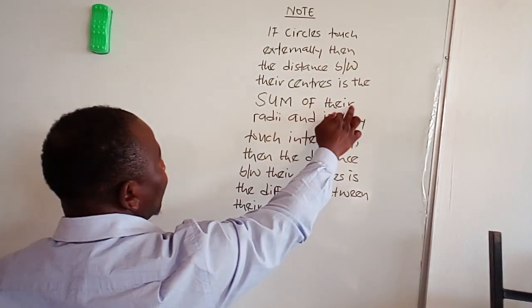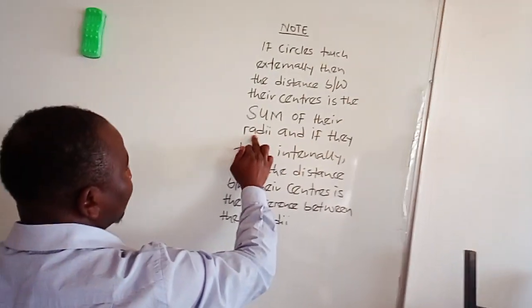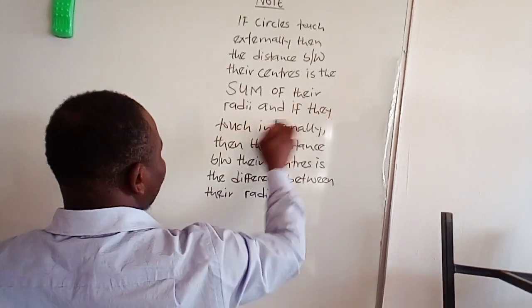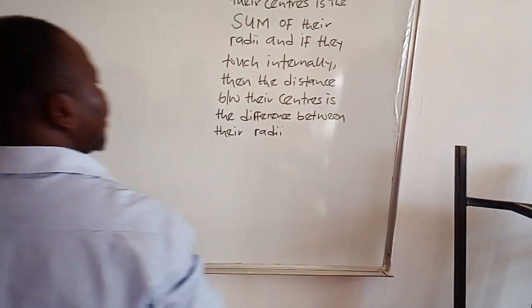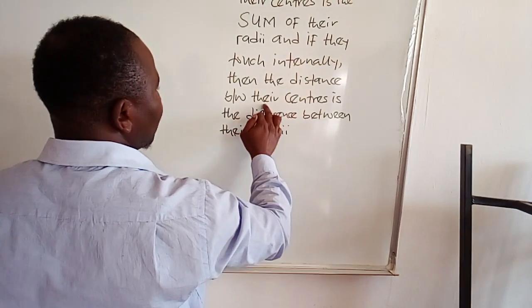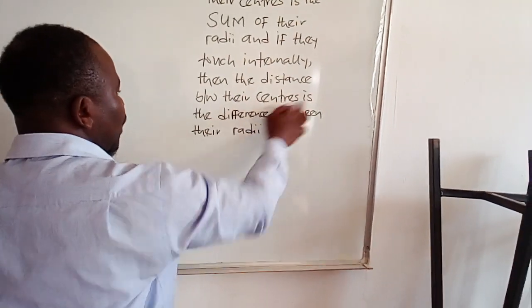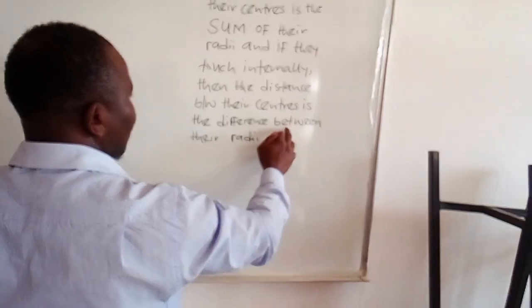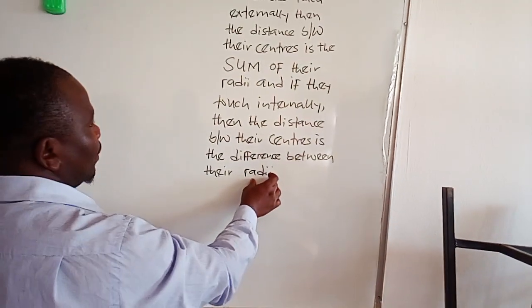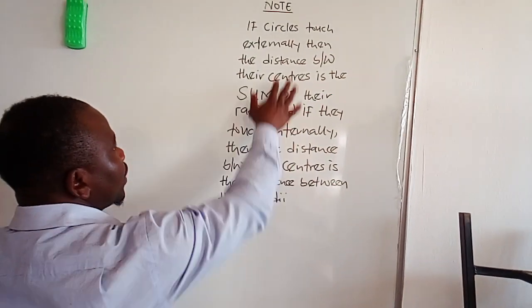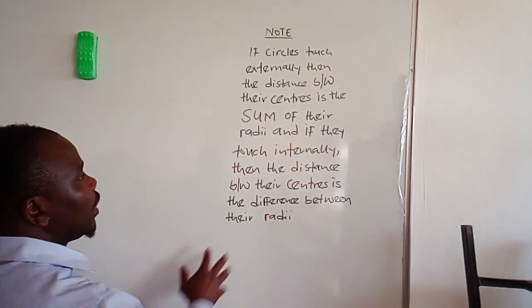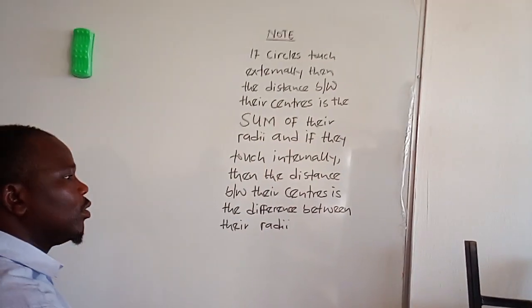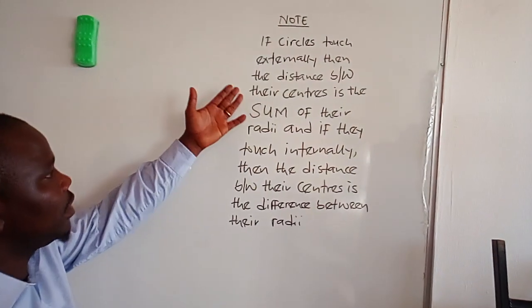Is the sum of their radii. And if the circles touch internally, then the distance between their centers is the difference between their radii. Please take note of this before we begin to solve so that you won't be confused.